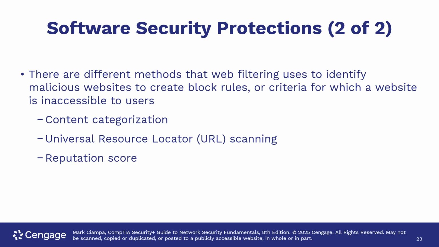There are different methods that web filters use to identify malicious websites to create block rules or criteria for which a website is inaccessible to users. You have content categorization, universal resource locator or URL scanning, and reputation score.